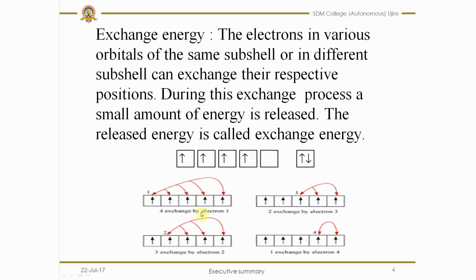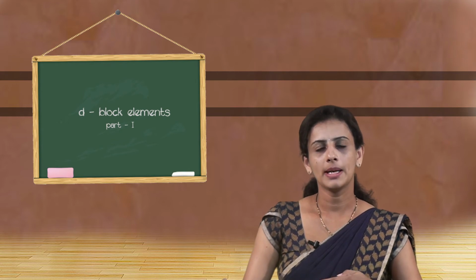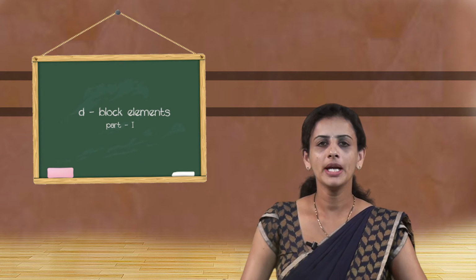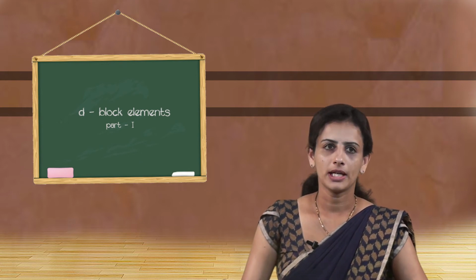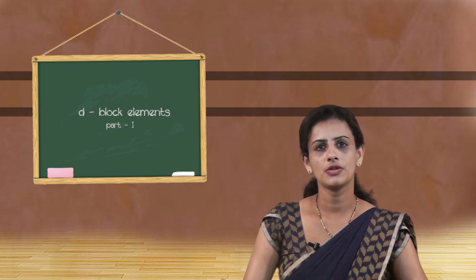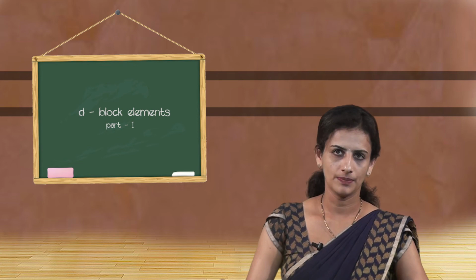So as the number of electrons increases, the exchange energy also increases. Exchange energy increasing means the amount of energy released increases, so the element acquires lower energy. Lower energy orbitals or elements are always more stable.